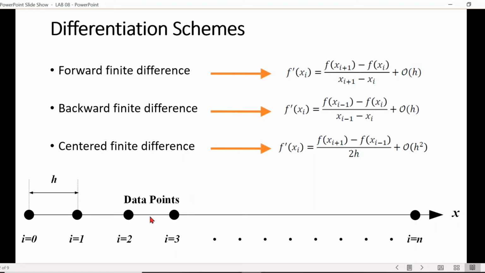As you can see from the picture, there are n number of data points on the line along x direction. It starts from I equals 0, where the data points are all equally distant, which is represented by h.